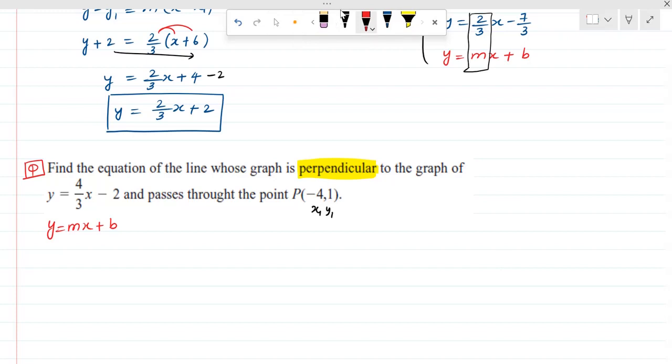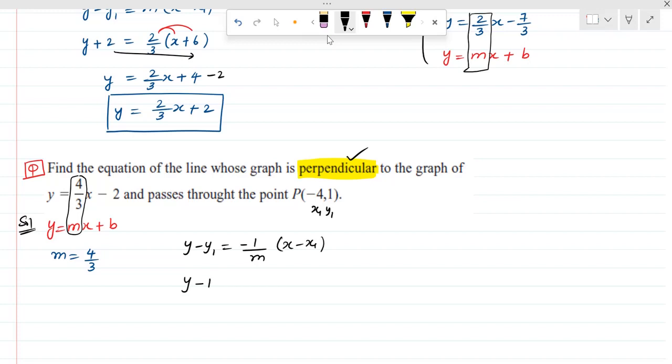We will take m equal to 4 over 3. So we just compare the m value and we have the 2 points. What are the 2 points? So this is a point x comma y. So the rule is y minus y1 equals minus 1 over m times (x minus x1). Why? Because it's perpendicular. Now just substitute all the values.